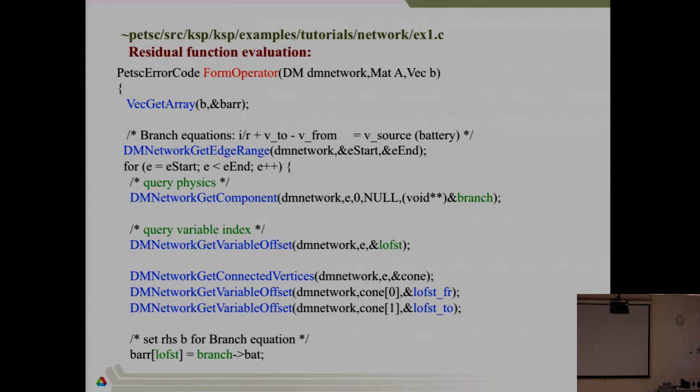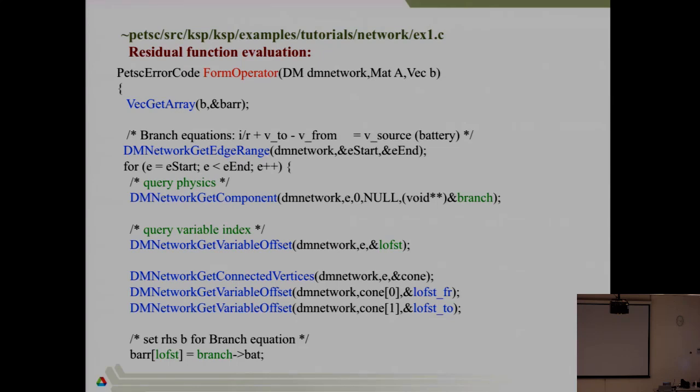So now I build the branch over the edge. I just query the branch, and then I get access to the user application structure. So I get this data structure. Next, you need to find out the index for the vector on the right-hand side or the solution vector. So you just query the variable offset.